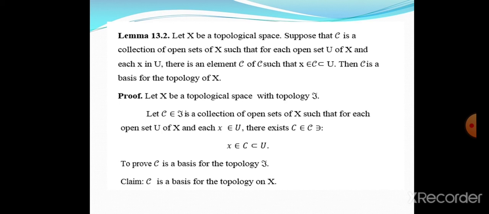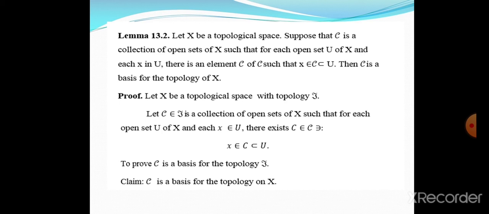So small x belongs to C, which is a subset of U. Next we prove script C is a basis. In the previous lemma, script B was a basis, but here you have to prove script C is a basis.